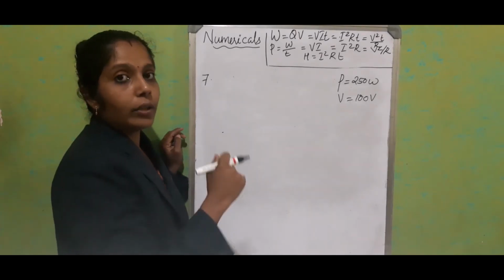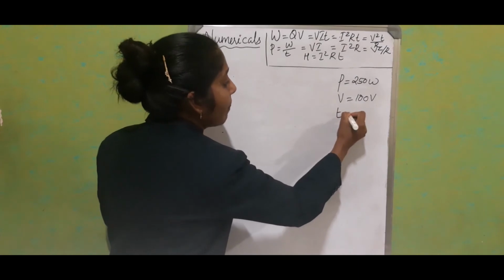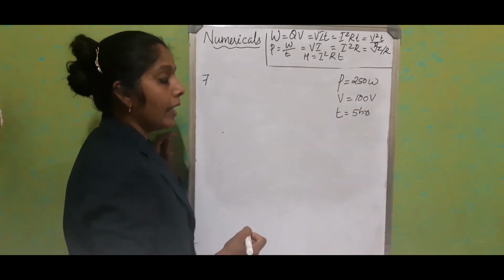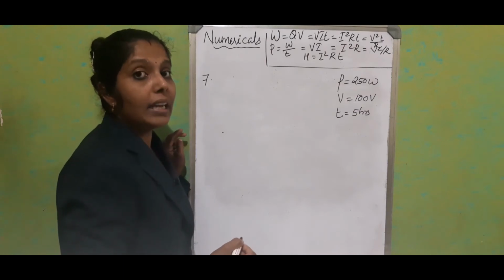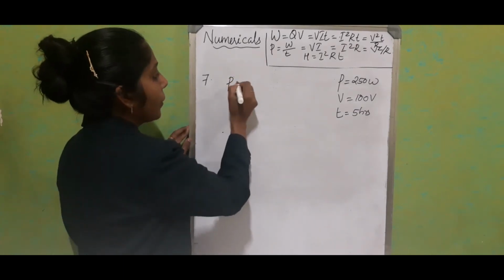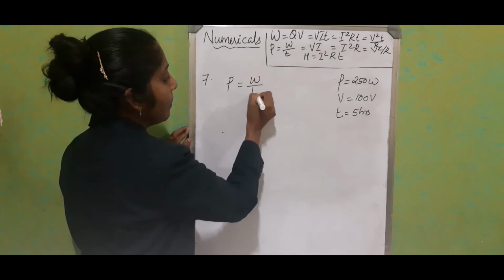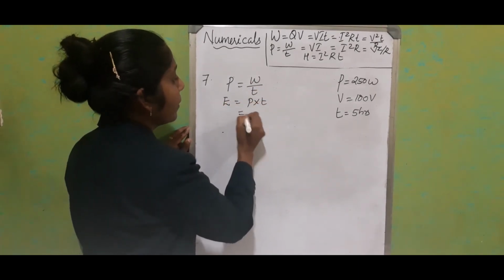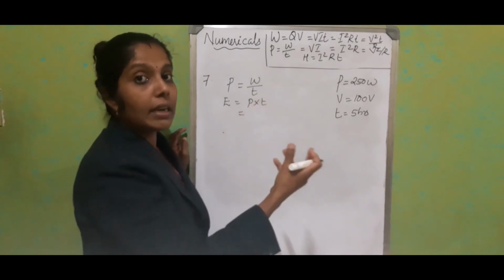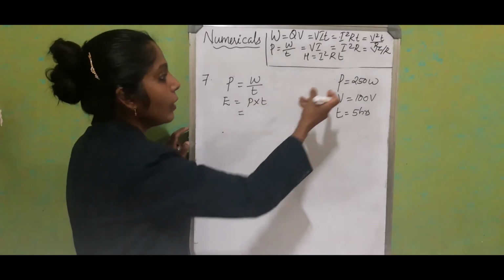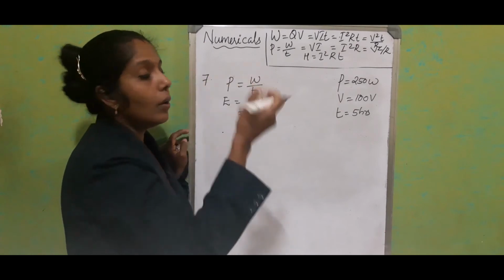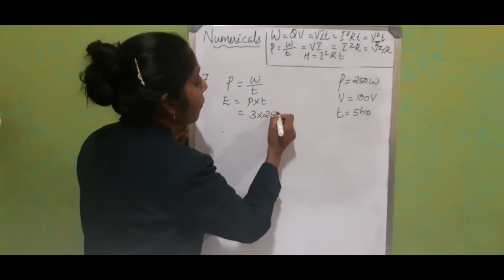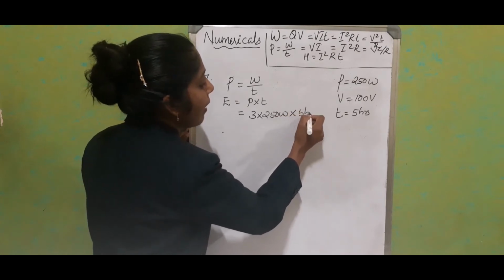Now we have to find out the third part, energy supplied for 5 hours. We have to find it in kilowatt hour. So we have to use the equation power is equal to energy by time, or energy is equal to power into time. We have 3 different heaters. So for one it is 250 watts, and for 3 it is 3 into 250 watts into 5 hour.